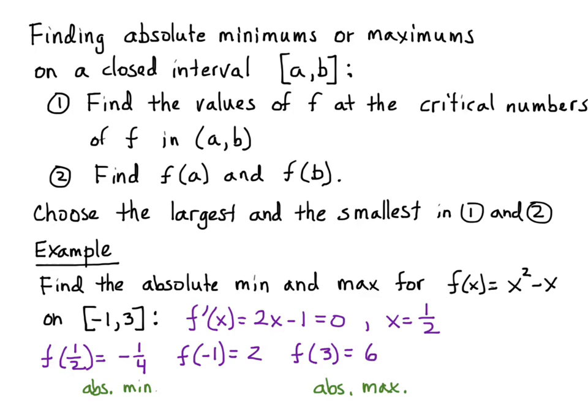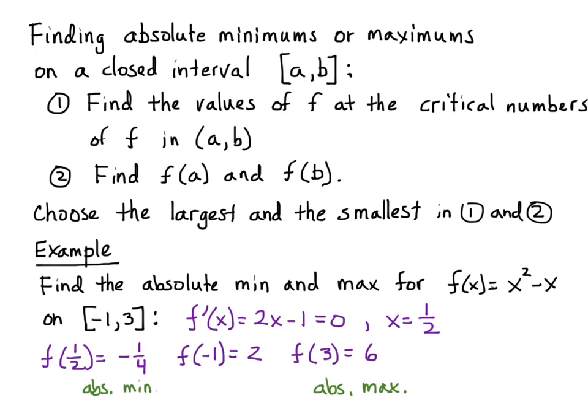And if we look at the original one, remember our axis of symmetry on a parabola is going to be at minus b over 2a, which in this case is minus a negative 1 over 2 times 1. So our axis of symmetry is going to be at 1/2.